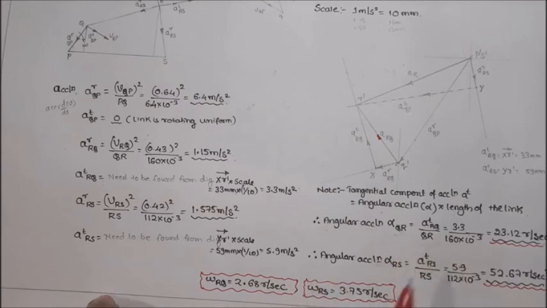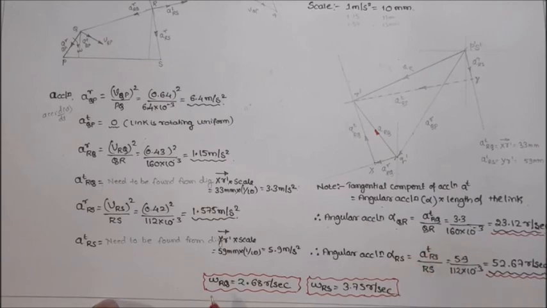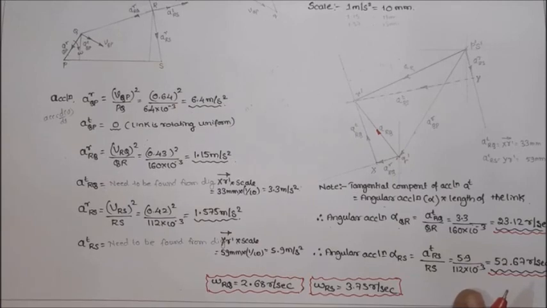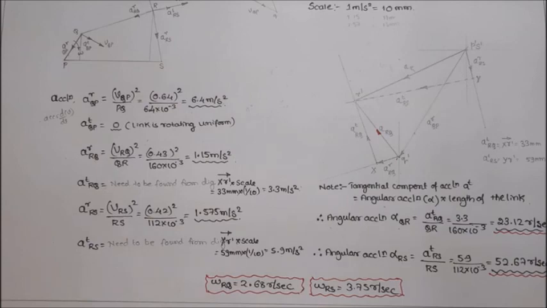From the previous velocity diagram, we get the angular velocities omega RQ and omega RS. I hope this is sufficient for you to analyze any type of four-bar mechanism for the velocity diagram and acceleration diagram.